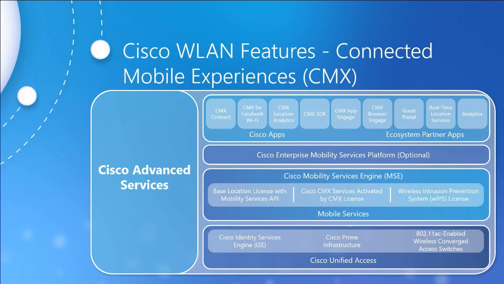Now, recall from an earlier short, we mentioned that CMX is enabled by the CMX license on Cisco MSE. There are several applications with the CMX license. For example, CMX Connect provides venue-specific information based upon mobile guest access. CMX for Facebook Wi-Fi is guest access via Facebook while also allowing sharing of the venue visit.